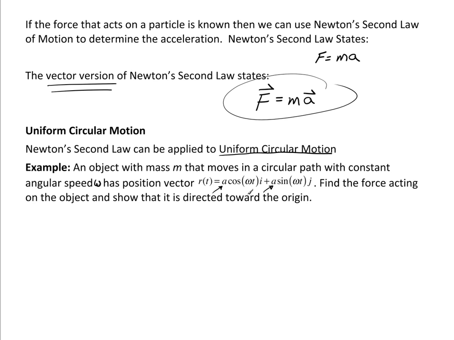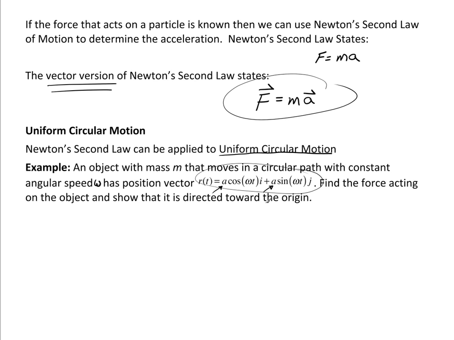If omega is 1, then between 0 and 2 pi I'd end up with a full circle. If omega was less than 1 or greater than 1, that would determine how long it would take to get a full circle, or whether I have more than one circle between 0 and 2 pi. So this function should not be a big surprise; it describes a circle.